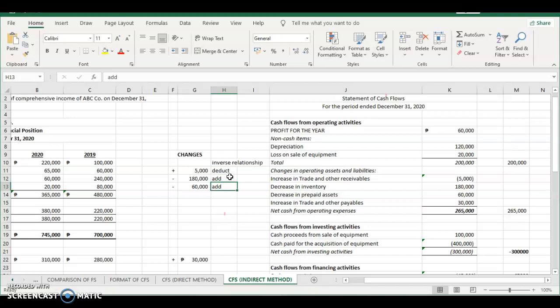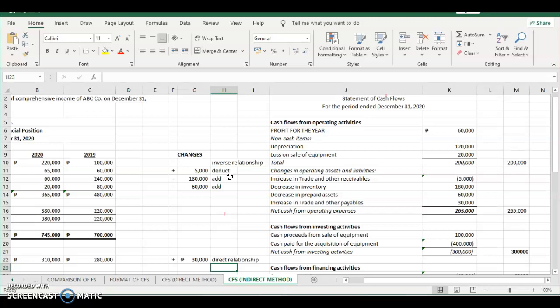Same with the prepayments. So, i-add din natin kasi minus siya, nag-decrease. So, add din natin sila, 60,000. Well, dito, si accounts receivable class, that is direct relationship, kung hindi mo masyadong naintindihan yung analysis nila.